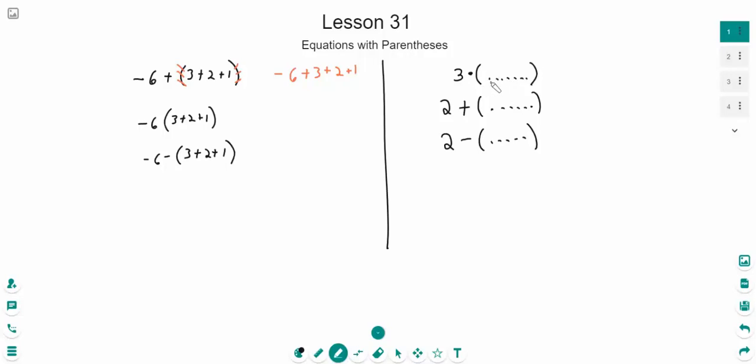You have to do something in order to get rid of those parentheses if it's multiplication. If it's addition, if it's a positive set of parentheses, then no matter what is going on inside these parentheses, it is totally legal and permissible to just drop them when you have a plus sign to the outside of them.